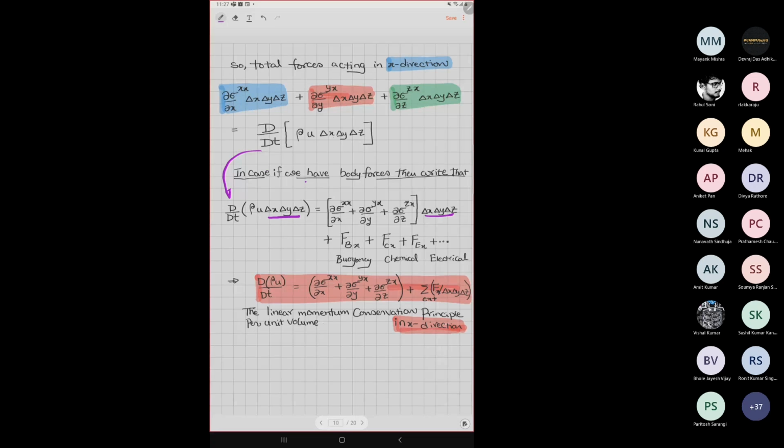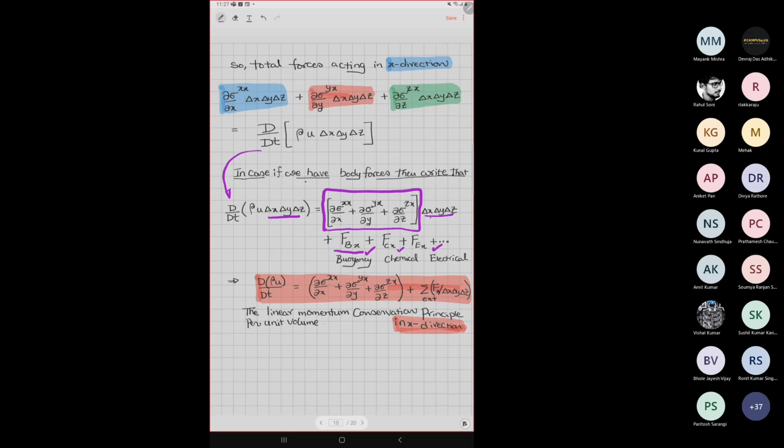Write d by dt of rho u multiplied by delta x delta y delta z equal to the gradient of surface stress distribution multiplied by delta x, delta y, delta z, plus, in case it is experiencing any other body forces, those body force contributions should also be written.